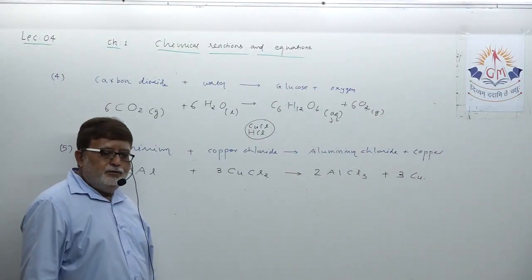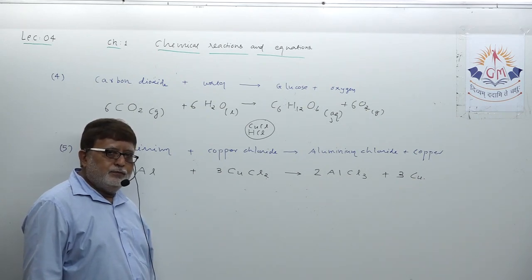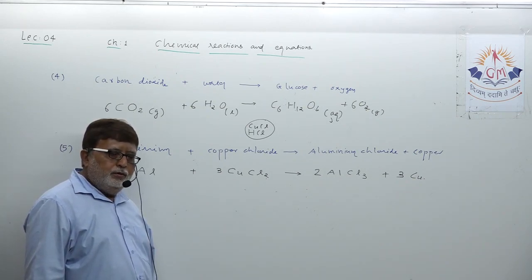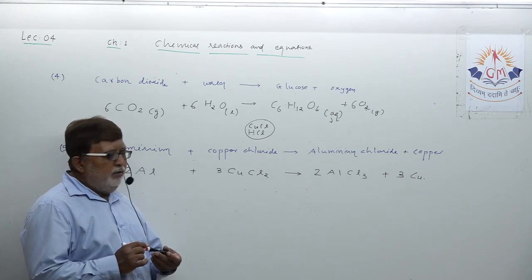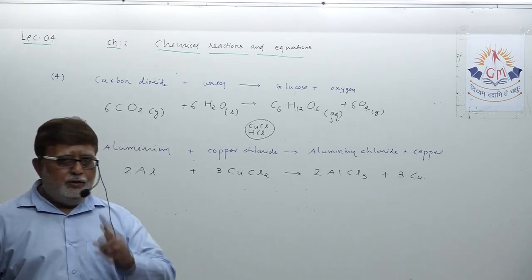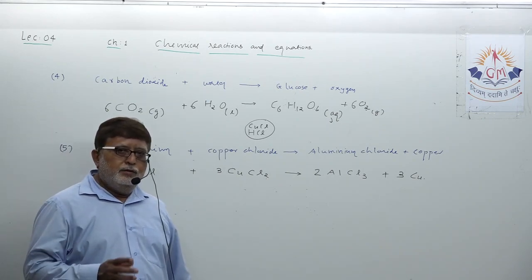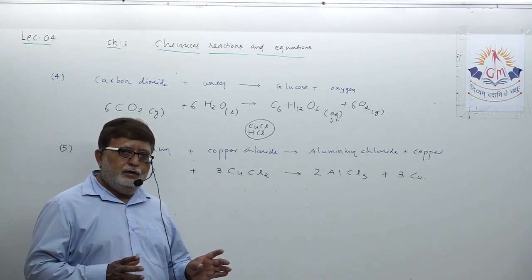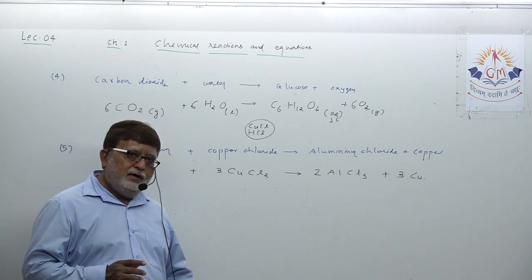Right? So dear student, it is very important for you to know the correct formula of the compound. Until you have knowledge about the correct formula of the compound, it always becomes difficult for you to write any chemical equation properly and then to balance it.